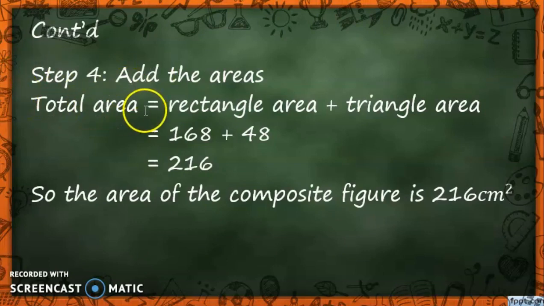Total area is equal to rectangle area plus triangle area. So 168 plus 48 gives you 216. The area of the composite figure is 216 centimeters squared. Remember your square units.